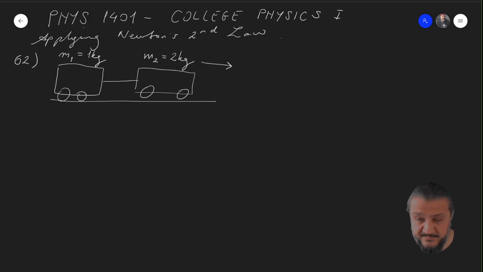And there is a friction force on the caboose that comes from the track. Since it's moving to the right, the friction force should be to the left, and that is 0.5 newtons.